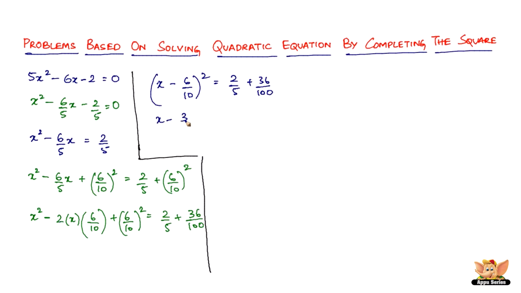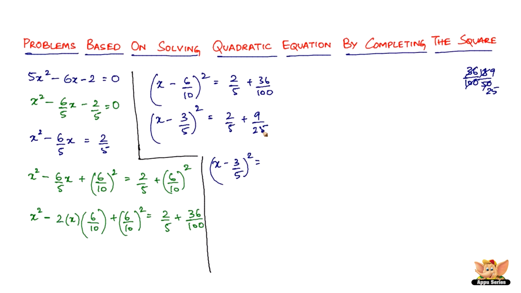It becomes 3 by 5. 2 times 3 gives you 6 and 2 times 5 gives you 10. And then 2 by 5 plus 36 by 100. Let me simplify it here. 36 by 100: 2 times 18 and 2 times 50, 2 times 9 and 2 times 25. So we can write this as 9 by 25. So here we've got x minus 3 by 5 the whole square equals 2 by 5 plus 9 by 25.